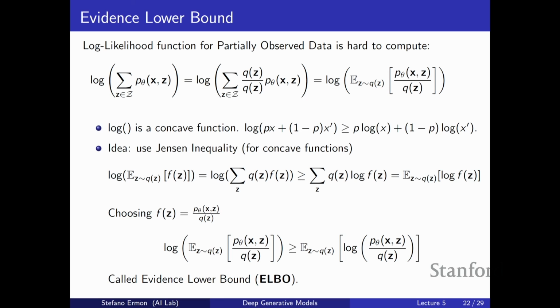There is the ELBO and the QBO, and then there's a bunch of techniques that people have come up with to try to come up with upper bounds to these kind of quantities. But it's much trickier to get an upper bound than a lower bound. Intuitively, it's because if you just sample a few Z's, it's very hard to know whether you're missing some very important ones, which is what you would need to get an upper bound.